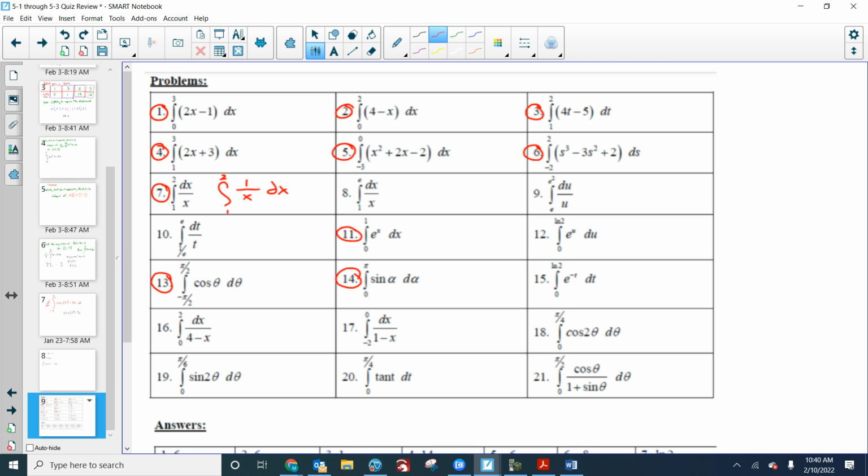How'd you do on 14? What if I put a problem like 14?